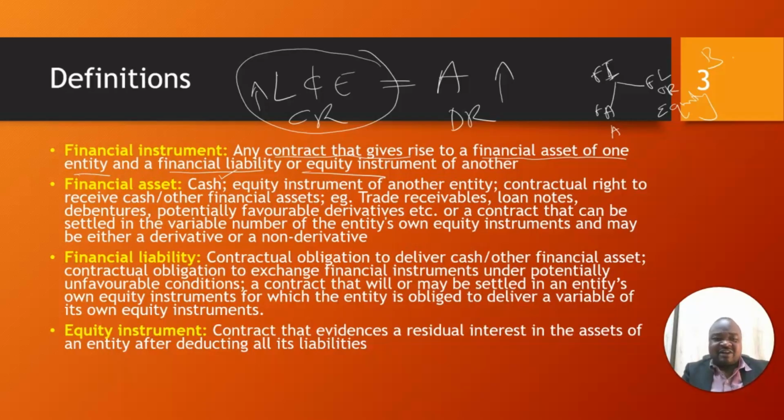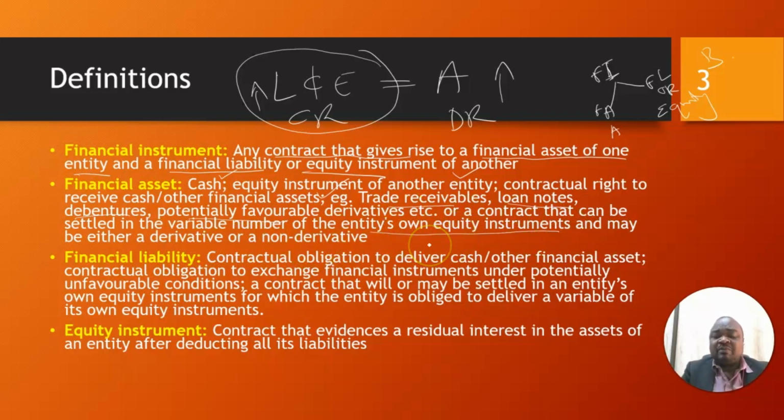So when we talk of cash in the book, in the safe or at bank, we are actually talking of financial assets. Then there is the equity instrument of another entity, or a contractual right to receive cash or other financial assets: trade receivables, loan notes, debentures, potentially favorable derivatives, etc., or a contract that can be settled in a variable number of the entity's own equity instruments.